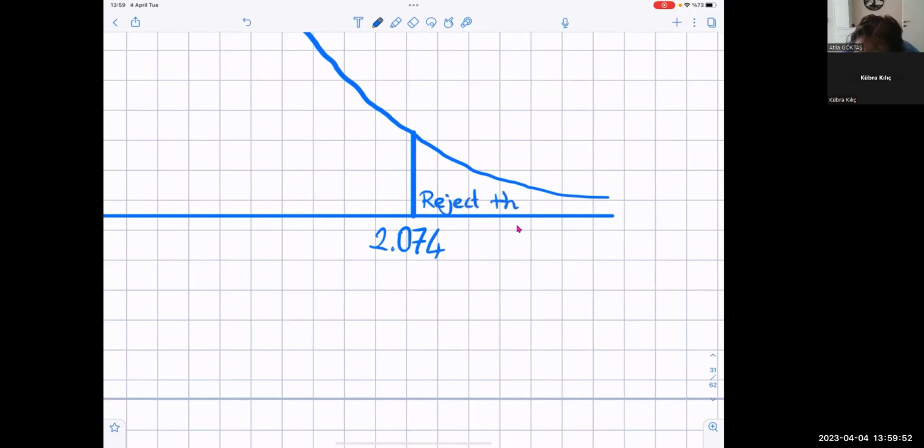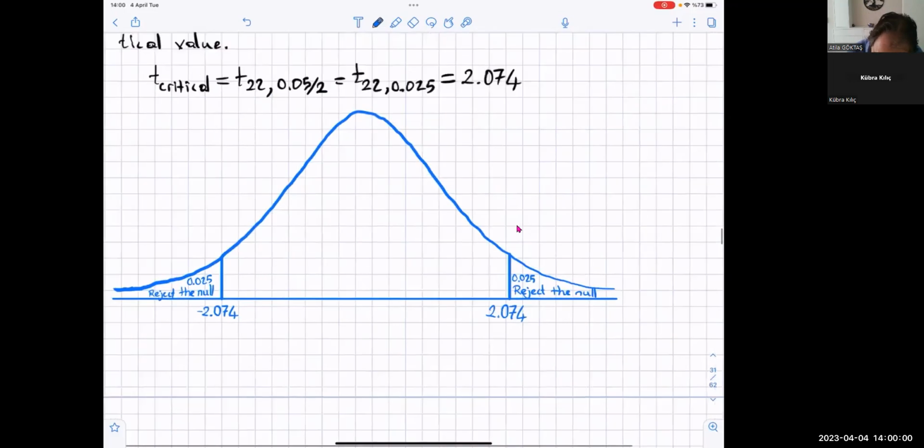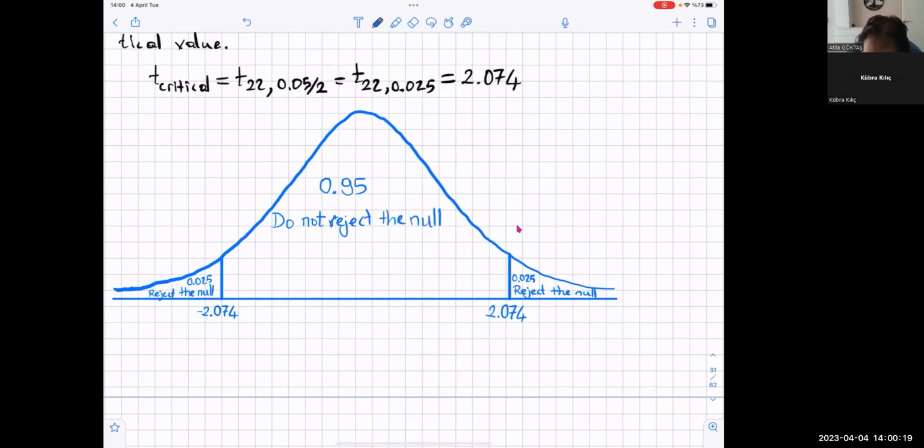Reject the null. And this is also 0.025. So that area where you do not reject the null hypothesis, which is 0.95, do not reject the null.